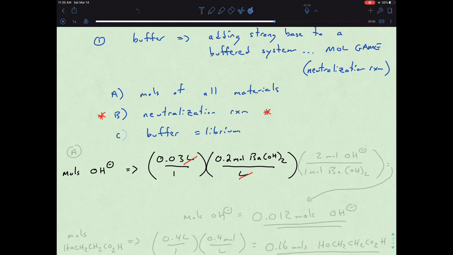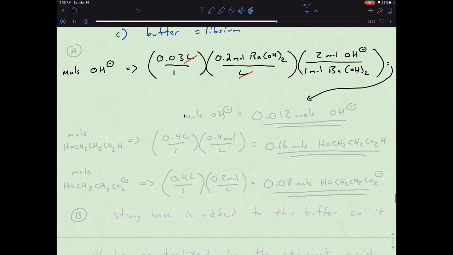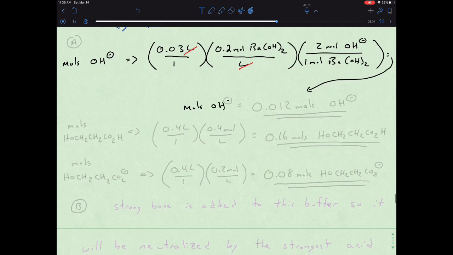And then we would want to look at the formula, right? Because for every 1 mole of barium hydroxide, there's actually 2 moles of hydroxide. So our moles of hydroxide would be equal to 0.012 moles.